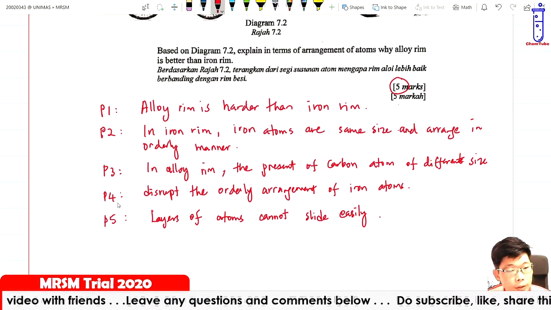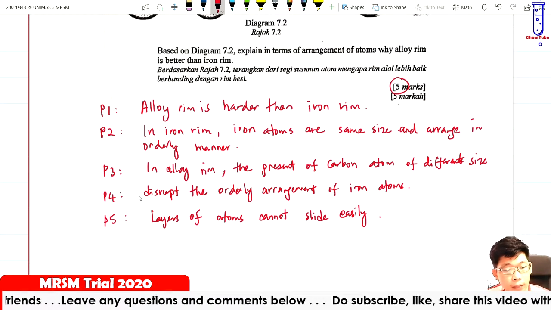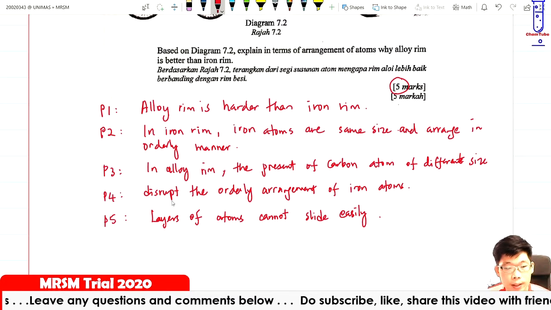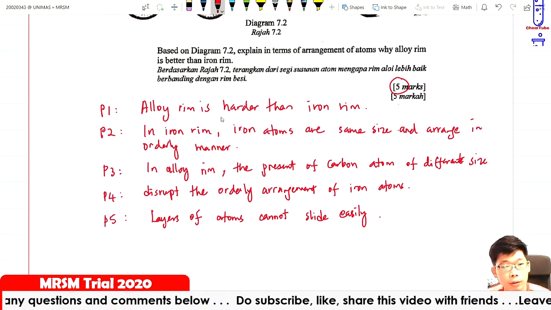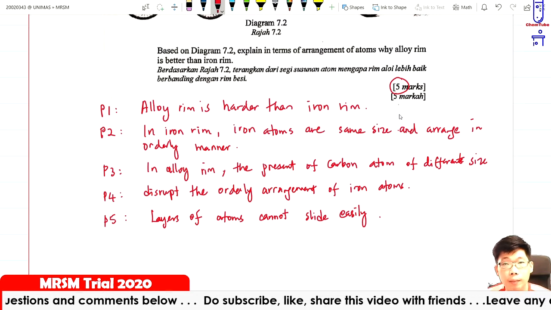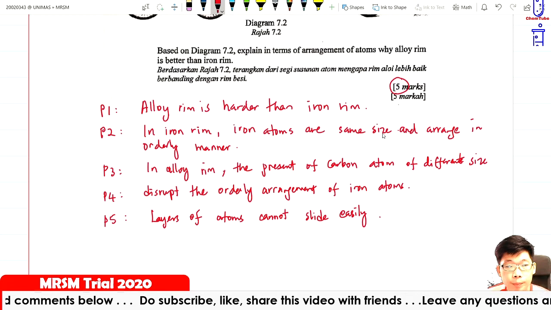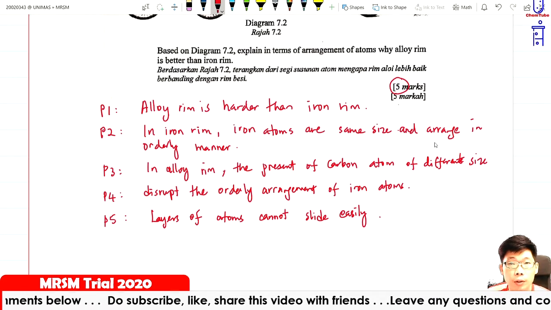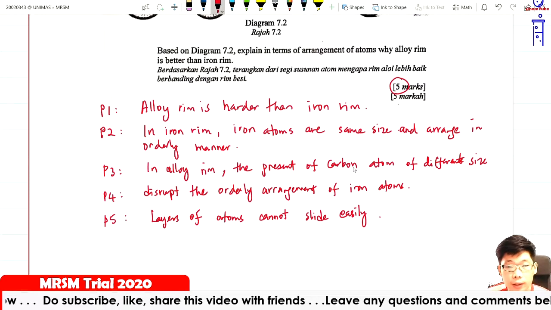Like the point number 3 and point number 4, you can write together, but you will get 2 marks under these 2 points. So in the exam, you are allowed to write like this, so easier for the marker to give the marks to you. And then for you, you also can see how many points you have written.